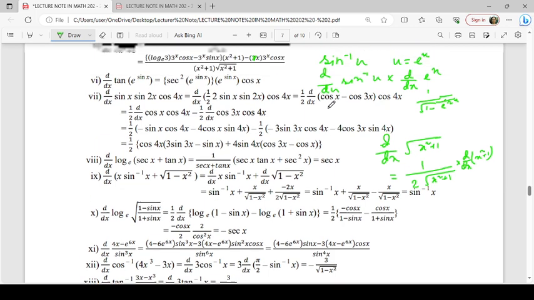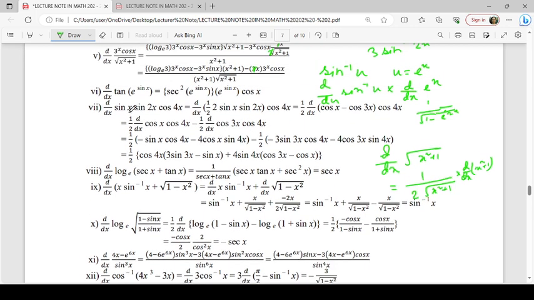So in this case, sin x twice x, we are writing it like this, 2 sin a cos b. This is the trigonometric result: 2 sin a cos b is cos of a minus b minus cos of a plus b. So cos of a minus b is cos x, minus cos of a plus b, which is cos of 4x.